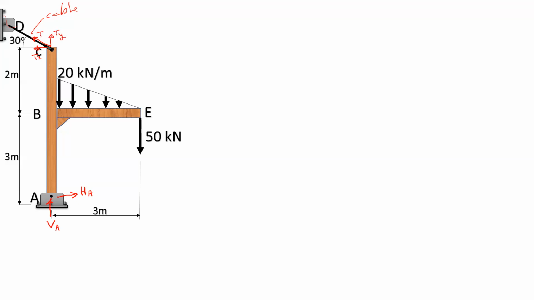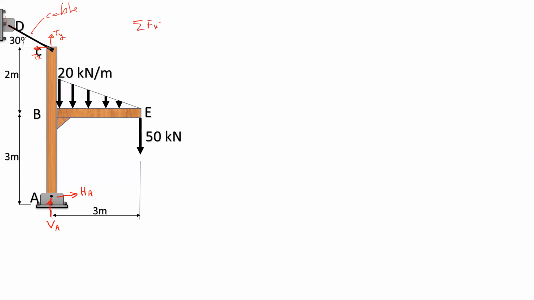I can just skip the actual tension force here because Tx and Ty represent the two components of the force T. So we have four unknown forces here, and we have some equilibrium equations to solve the system. Let me write down the equilibrium equations.